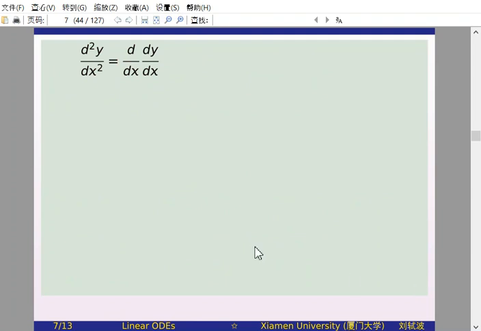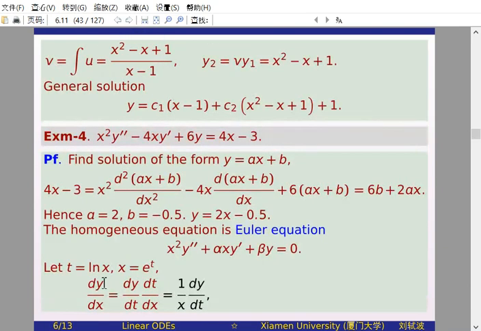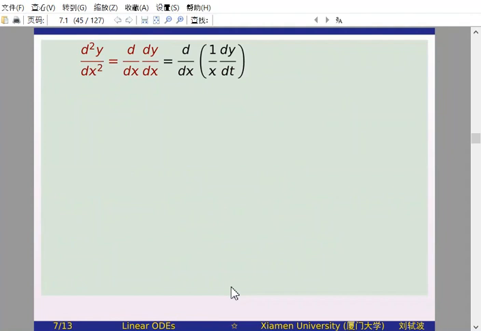So the second order derivative of y with respect to x is the derivative of dy/dx with respect to x. Again, we apply the chain rule, because dy/dx we have just computed: it is 1 over x multiplied by dy/dt.